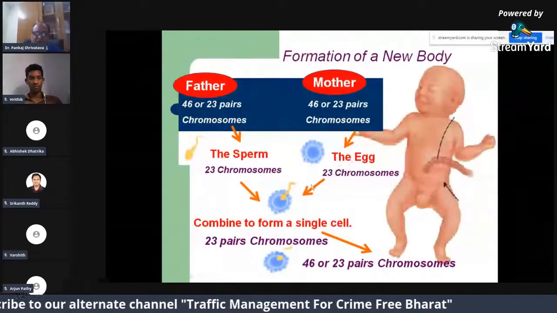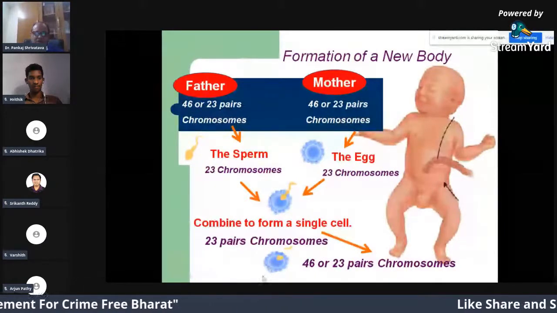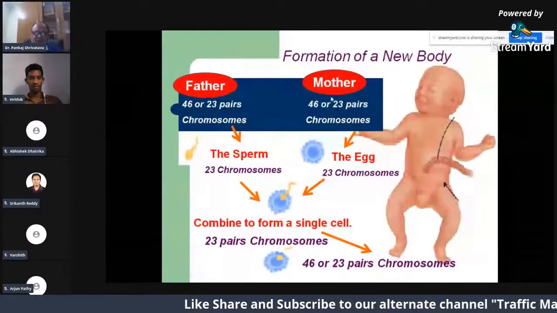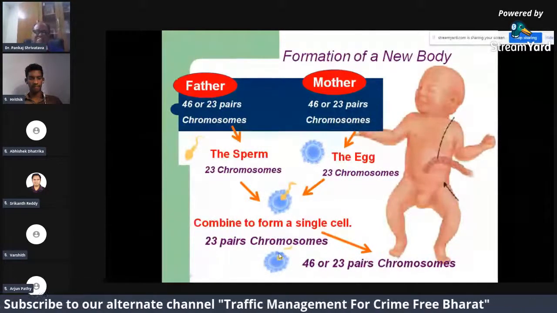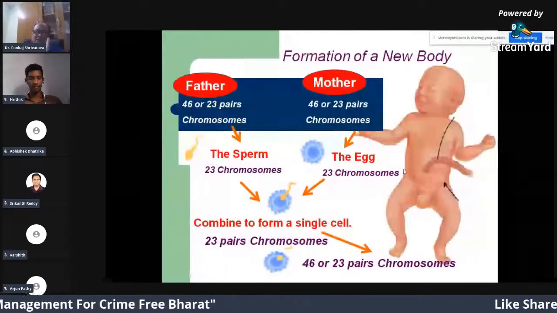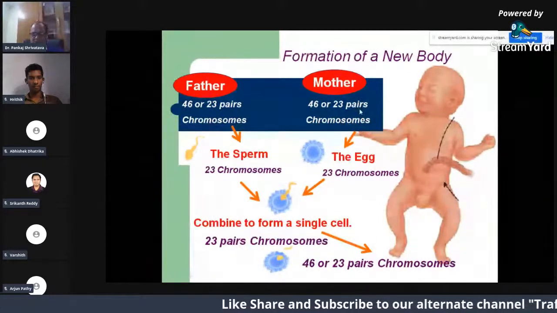So from the egg, a child gets 23, and from the sperm, a child gets 23. When this cell is formed, 23 from father and 23 from mother is just half, or 50%. So every child has 50% genetic contribution from the father and 50% genetic contribution from the mother.